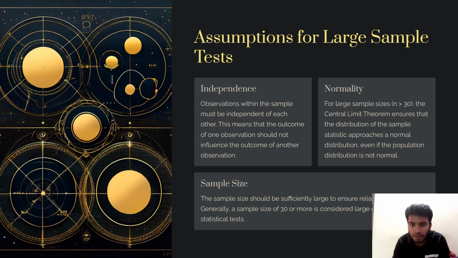For large sample sizes, like n greater than 30, the central limit theorem ensures that the distribution of the sample statistics approaches a normal distribution, even if the population distribution is not normal. Sample size. The sample size should be sufficiently large to ensure reliable results. Generally, a sample size of 30 or more is considered large enough for most statistical tests.